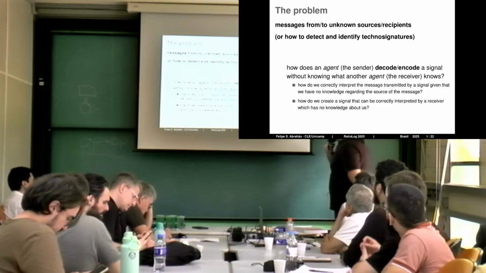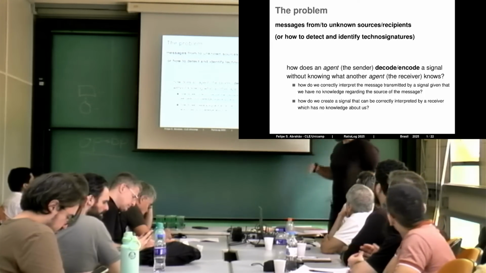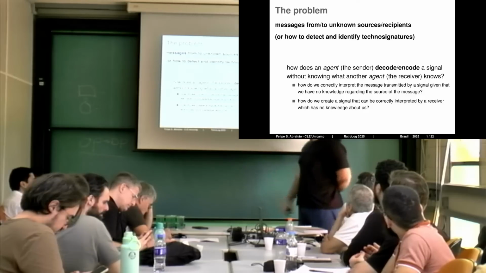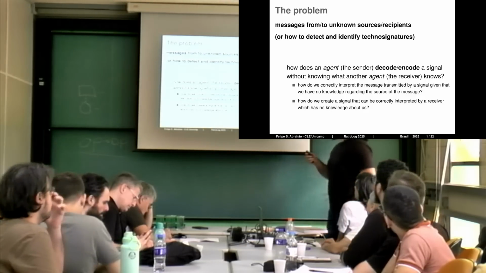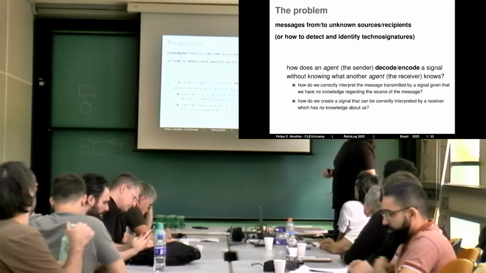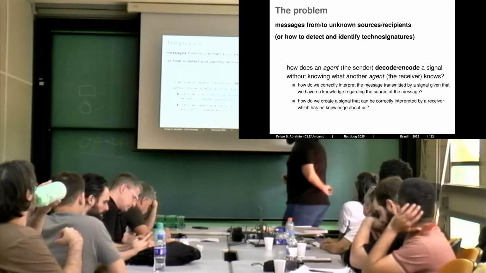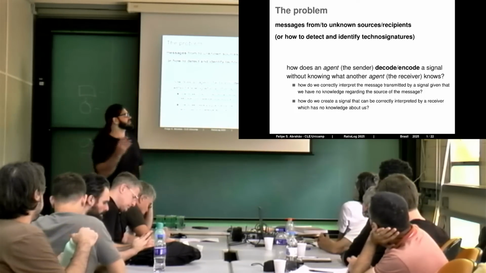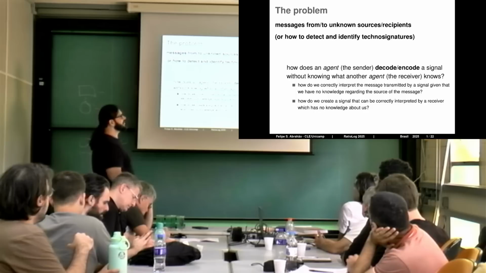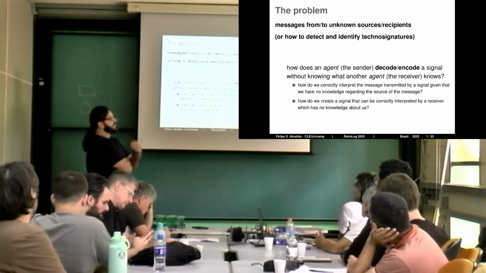We have an unknown agent, and he's trying to convey some message, convey some content, convey some mathematical object. We'll talk more about that later. And the issue is, how can I decode, how can I interpret correctly what he's trying to convey to us, given that we don't have any prior knowledge about the agent.